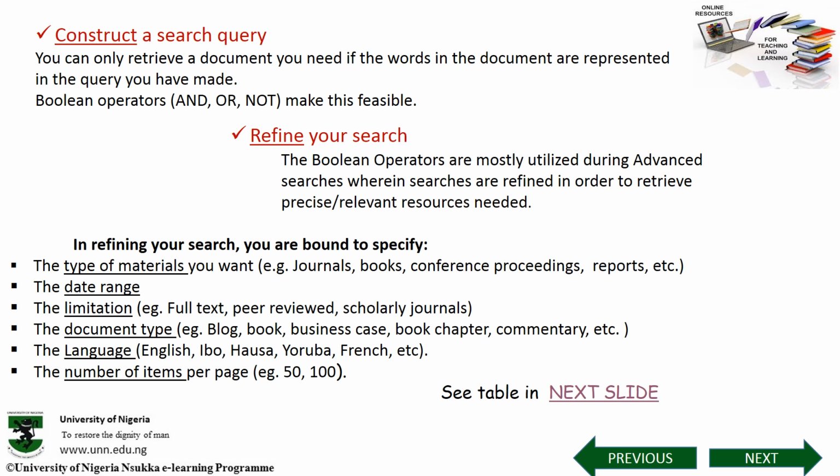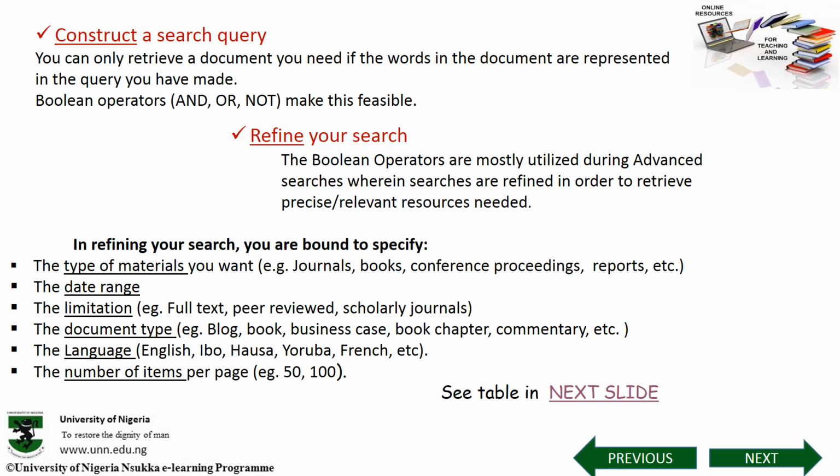In refining your search, you are bound to specify: 1. The type of materials you want, for example, journals, books, conference proceedings, reports. 2. The date range. 3. The limitation, for example, full text, peer-reviewed, scholarly journals. 4.